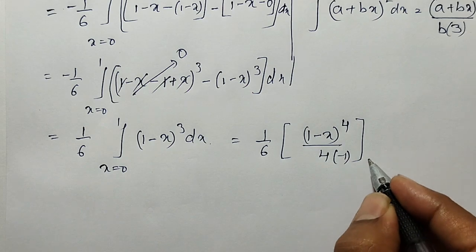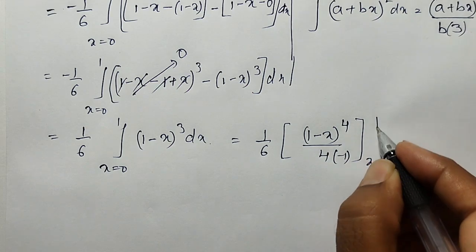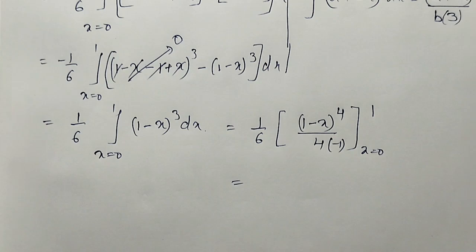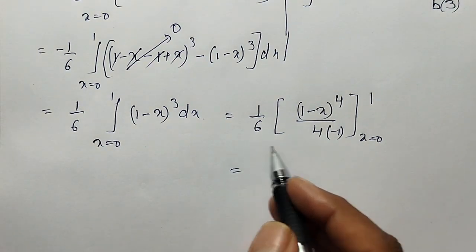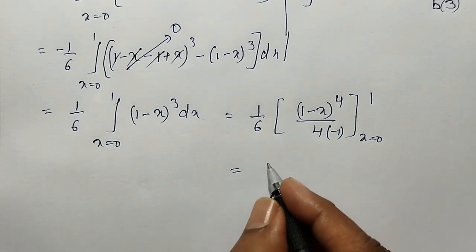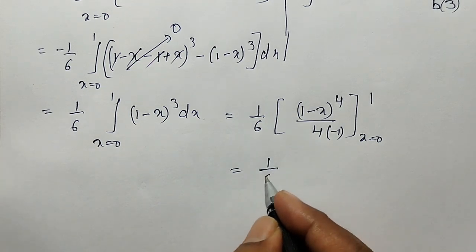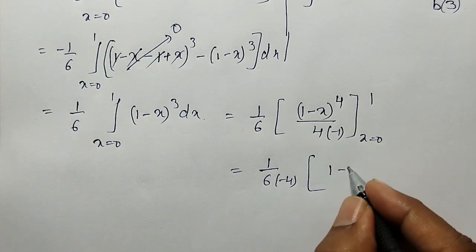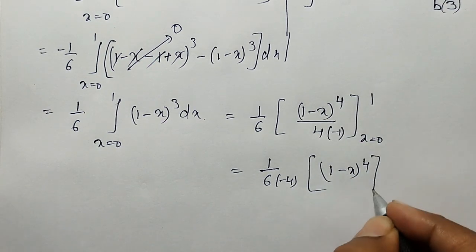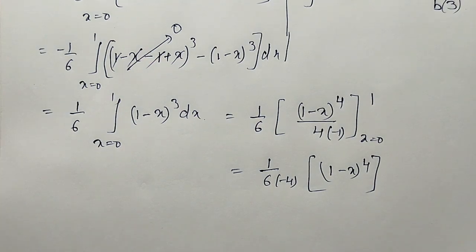This is between the limits x equal to 0 to 1. Substitute the limits and simplify, and minus 1 by 4 I will take outside, and this will become 1 divided by 6 into minus 4, and upper limit minus lower limit for (1 minus x) whole raised to 4. For this one I have to substitute the limits.